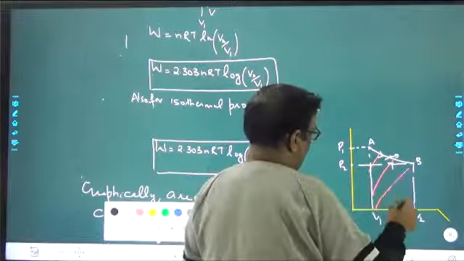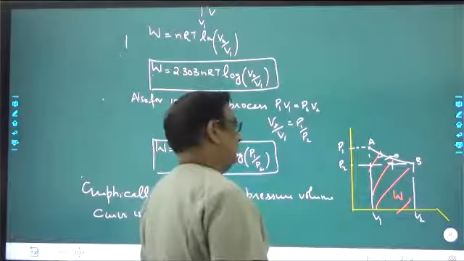This represents work done, the area under the graph.